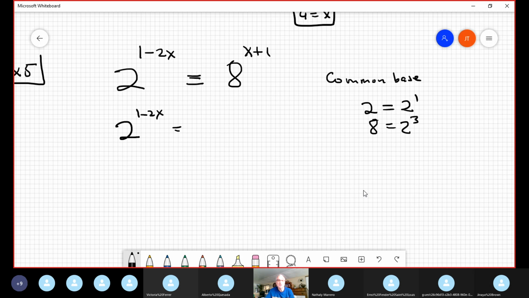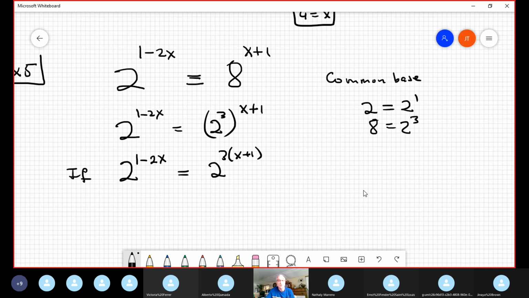1 minus 2x is equal to 2 to the third power raised to the x plus 1. Now multiply the exponents. When you have different levels of exponent, you multiply. So 2, 3 times the exponent.